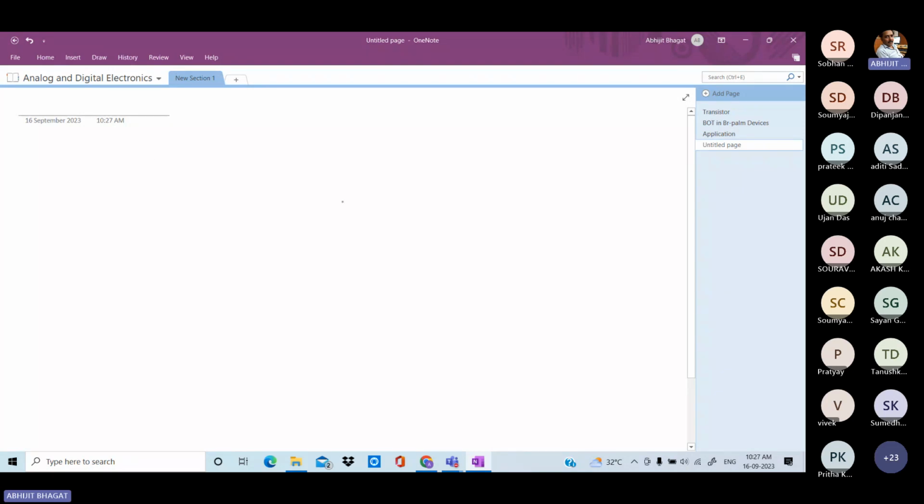This I will discuss in the next topic. Now I will consider one type of transistor. So suppose I am considering the NPN transistor. So this is N, P.